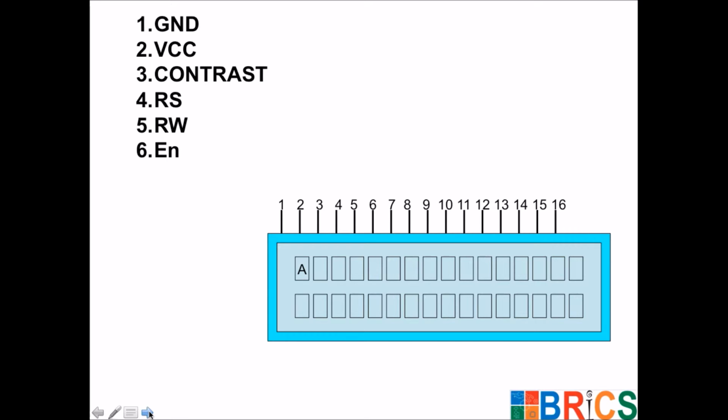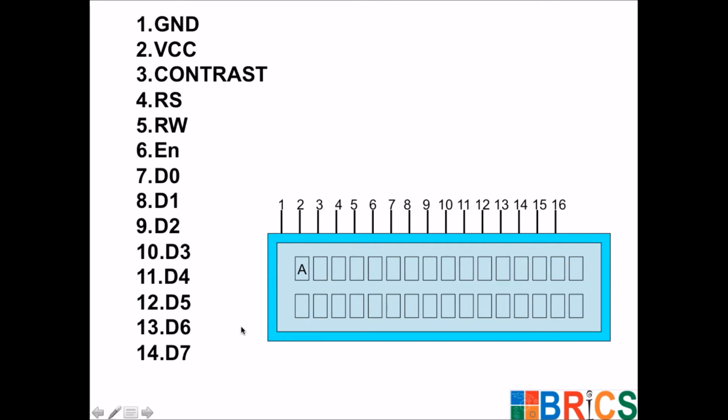Next 4 pins, pin number 7, 8, 9 and 10, are called D0, D1, D2 and D3. These 4 pins are designed for data communication, but the displays which are available nowadays communicate with only 4 pins. So these 4 pins are not used for communication purpose. You can assume that these 4 pins on the display are useless pins.